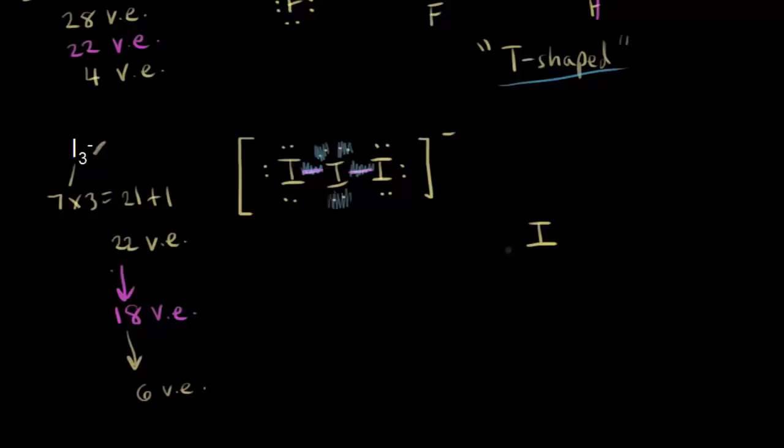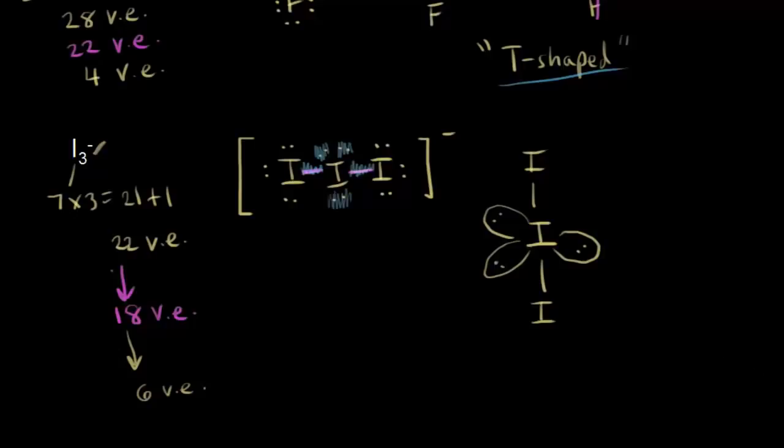So we have 3 lone pairs of electrons that surround our central iodine. We're going to put those 3 lone pairs equatorial, like that. Then we still have 2 iodines, and so one iodine would have to go axial up here, and the same thing for the other iodine down here. I'll just leave off the lone pairs of electrons. And so this is what our ion looks like.